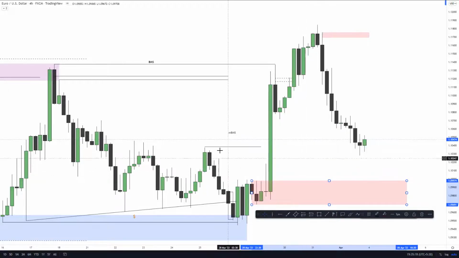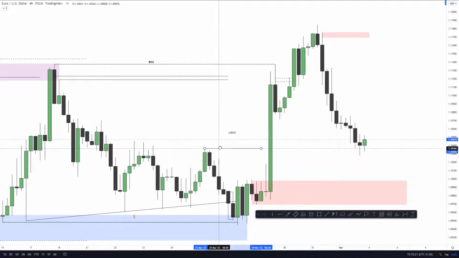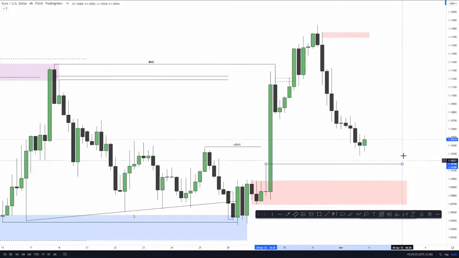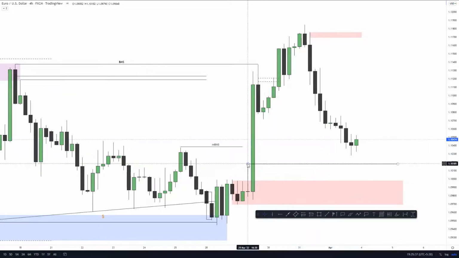So how many types of confirmation do you look for? You are satisfied with, like, if price has taken out this minor BMS, and price has taken out this last swing high, so we have a major BMS as well. But we have some sort of imbalance also, like this candle with this gap, and also this gap here.